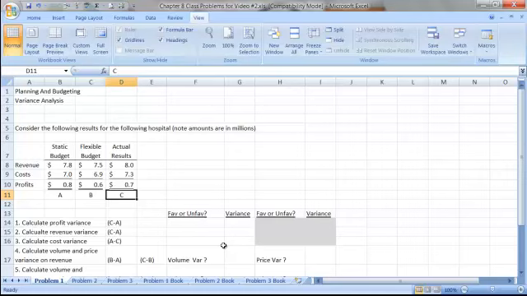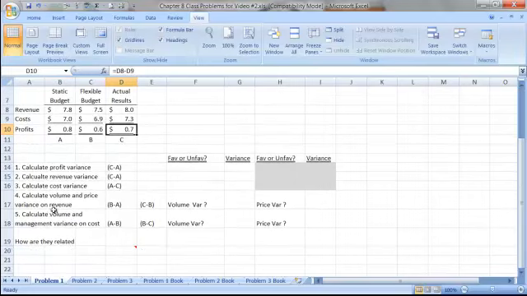Okay, so let's start with this. The first problem is to calculate the profit variance. Now remember, profit variance is our static budget versus our actual budget. And the first step we do is to determine if it is favorable or unfavorable. So let's see here.